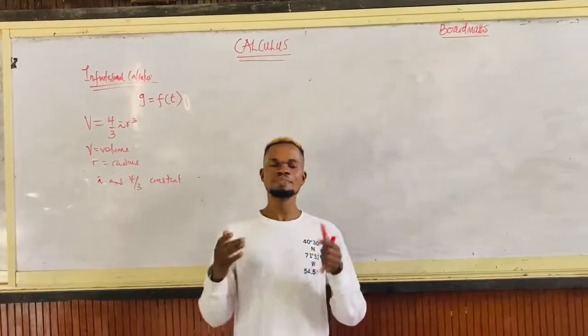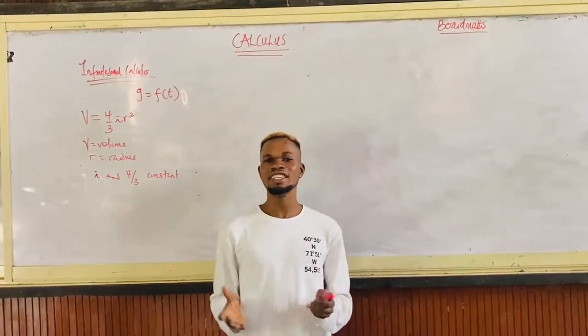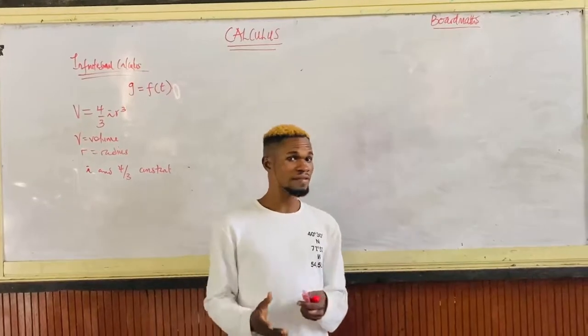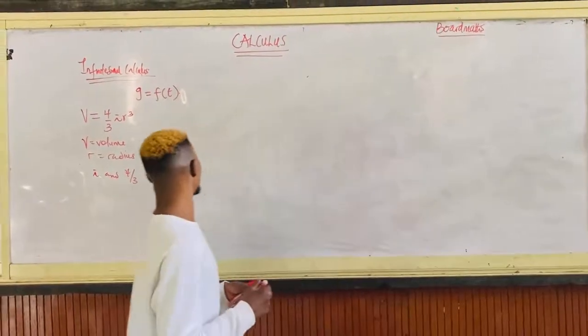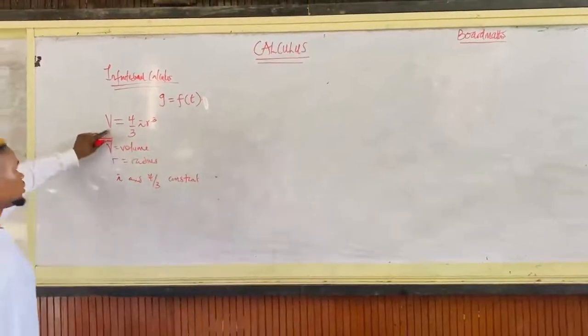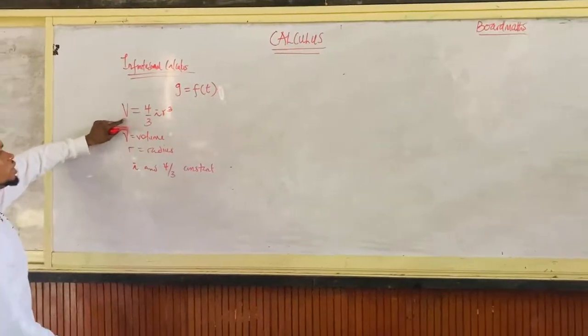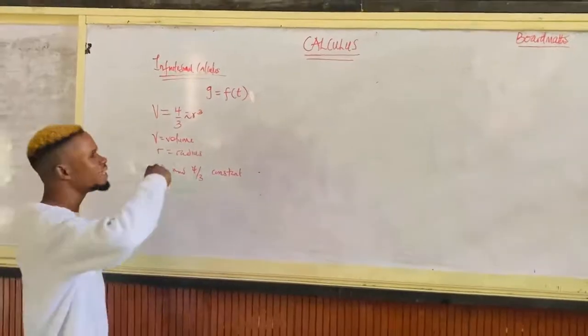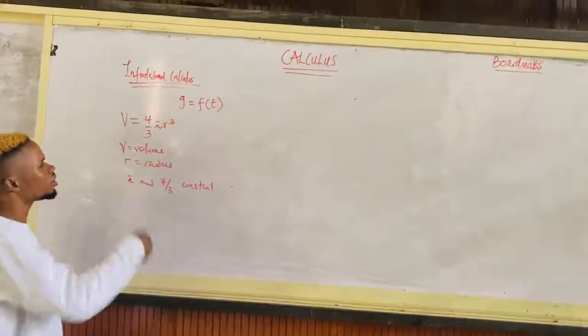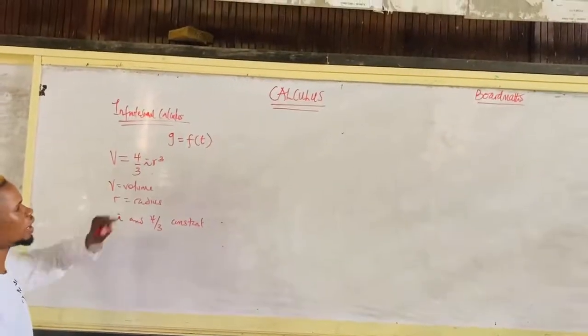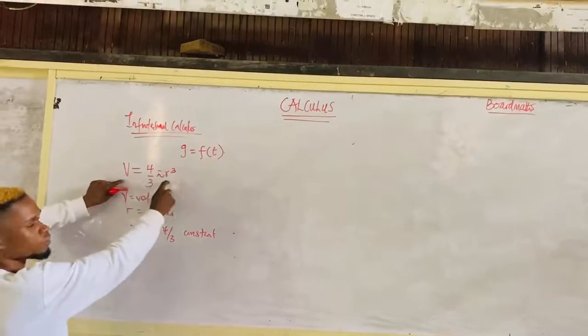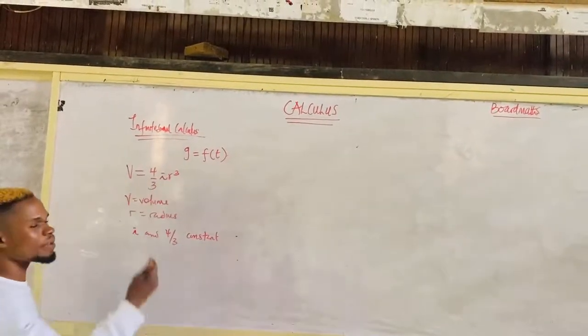Also, we have the dependent variables and independent variables. Now here, in this formula, V is equal to 4/3 pi r cubed. This V is called the dependent variable because it depends on the value r for its own value. But this r is called the independent variable.